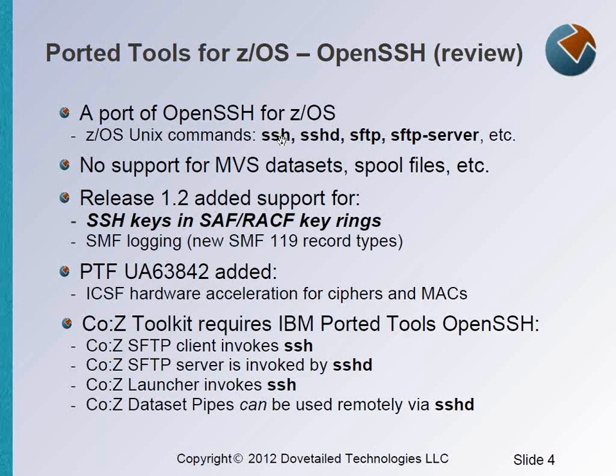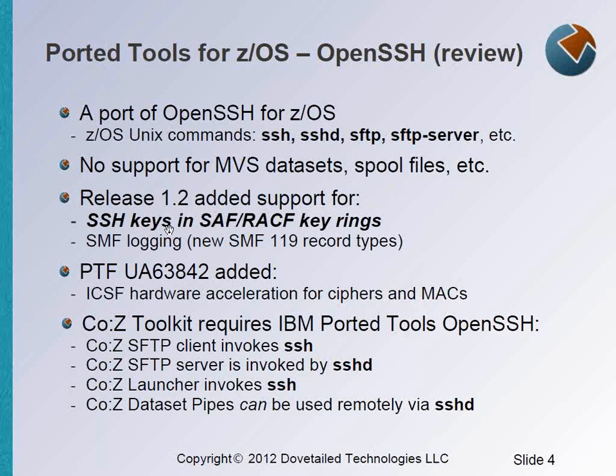There's the SSH client, the SSHD server, the SFTP commands, which use those, and other things, some of which we'll talk about today. The SFTP parts of IBM's port do not include support for MVS data sets and spool files. That's where Cozy SFTP comes in, and that's why it's become popular for that kind of thing.